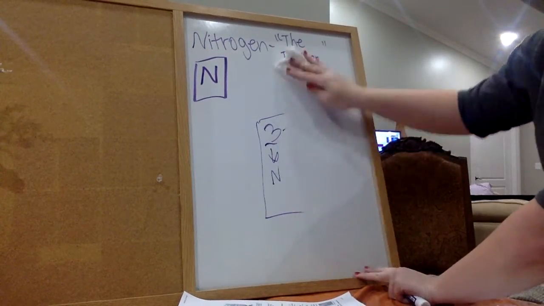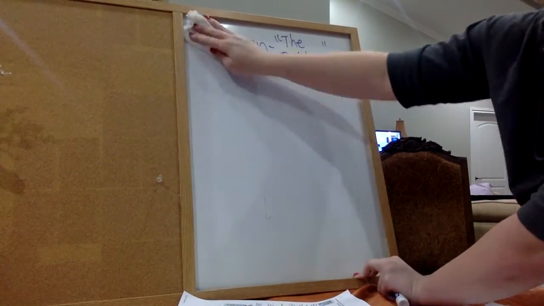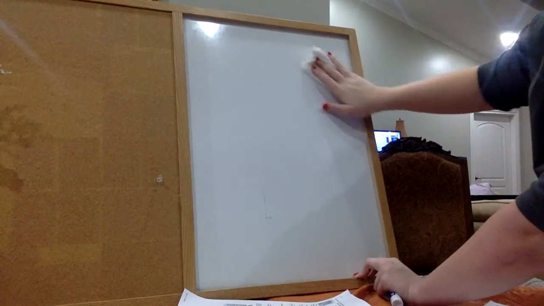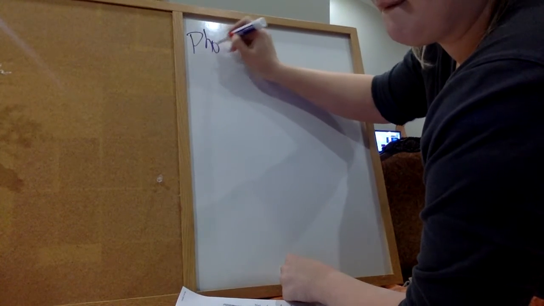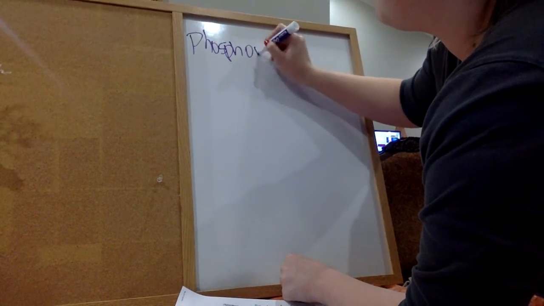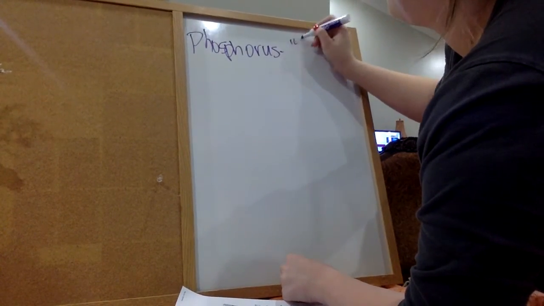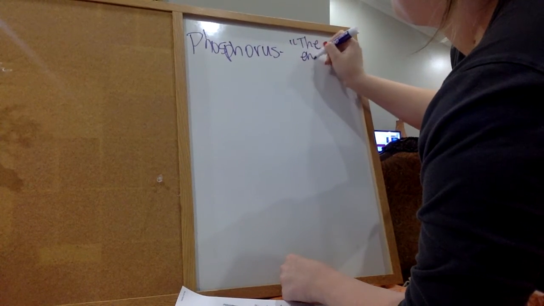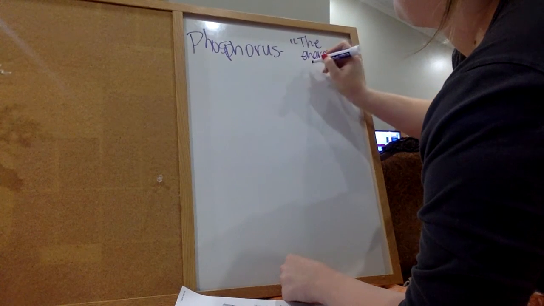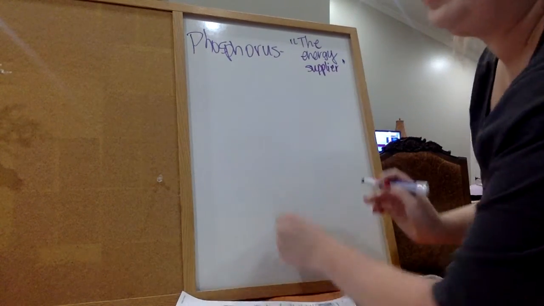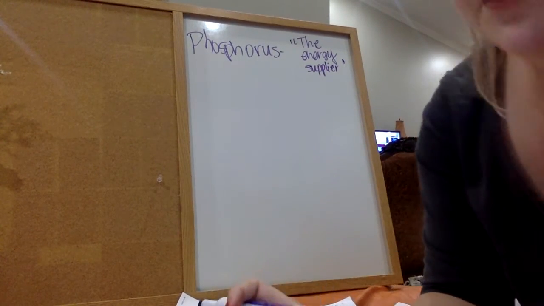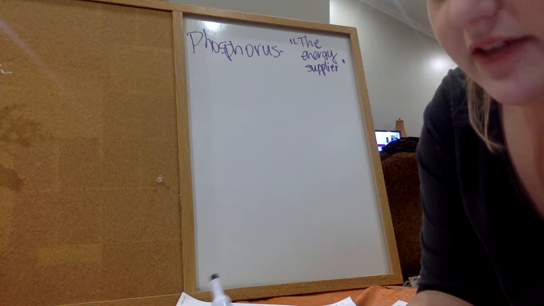So now we're going to talk a little bit about phosphorus. Phosphorus is the energy supplier for the plant. Phosphorus is found in every living cell.